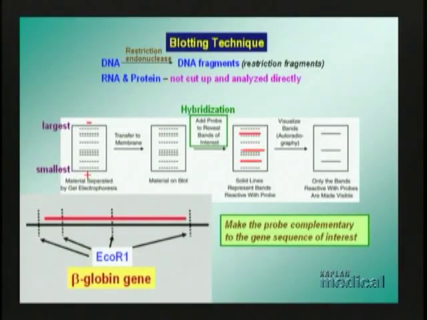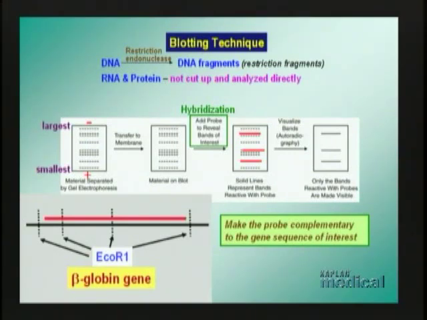Then you take this piece of paper, wash away all the excess probe, dry it, and add over top of it an X-ray film. Then anywhere where the radioactive probe base paired with the fragments from beta globin, because the probe is radioactive, the radioactivity will strike the X-ray film. And then you come back the next day.